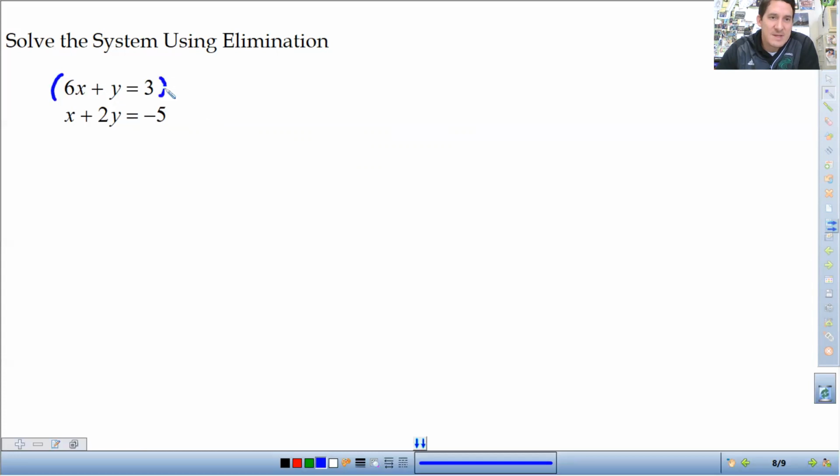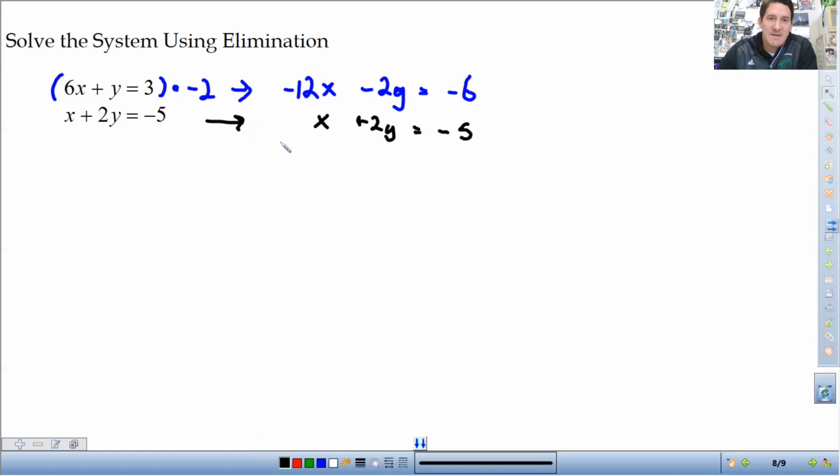So I'm going to multiply this top equation by negative 2, and the goal is to get a negative 2 on the y to cancel out with the positive 2y here. So when I multiply by negative 2, I get negative 12x minus 2y is equal to negative 6. Line up the other equation underneath it. So then it's x plus 2y is equal to negative 5.